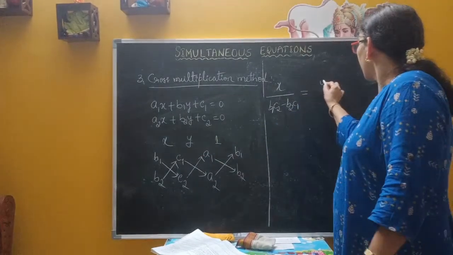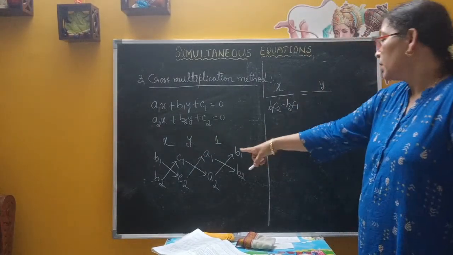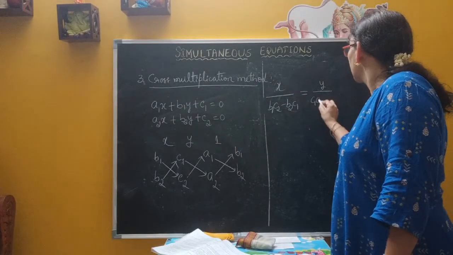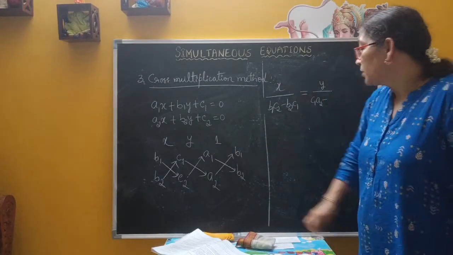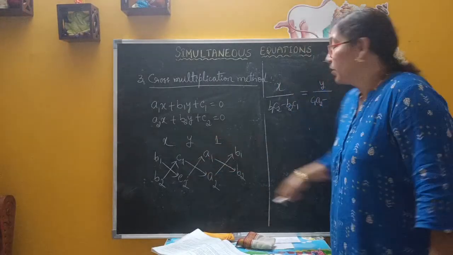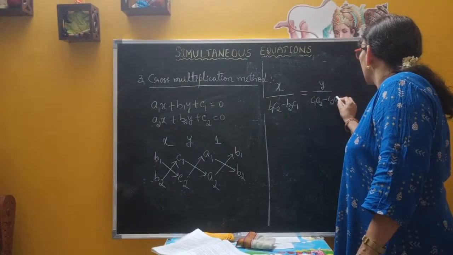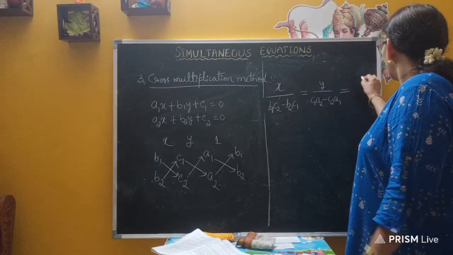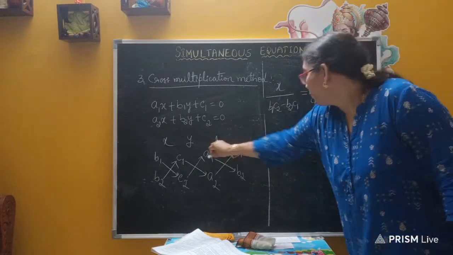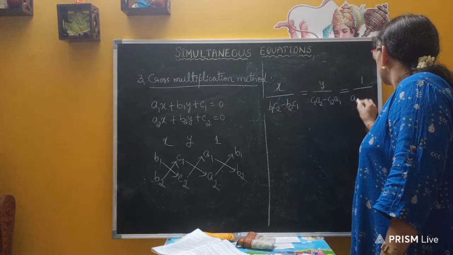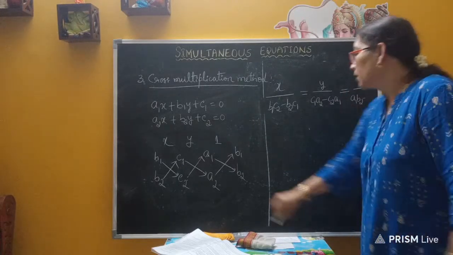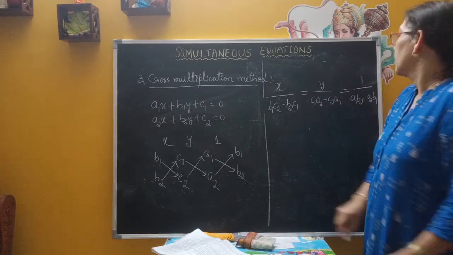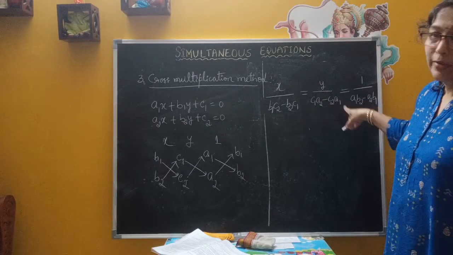So y by c1 a2 minus c2 a1. And the third one is 1 we have. So 1 by a1 b2 minus a2 b1. So this is the equation.